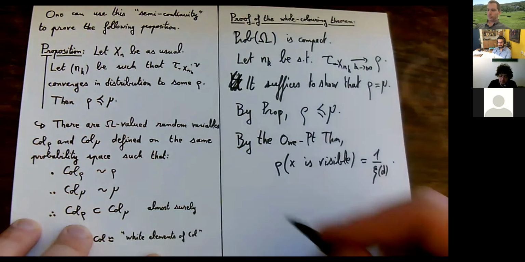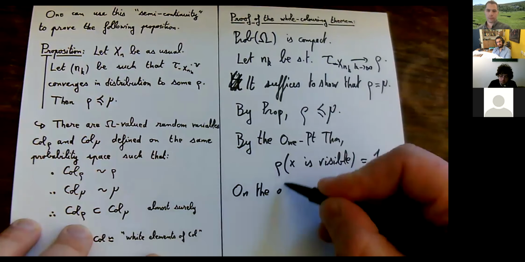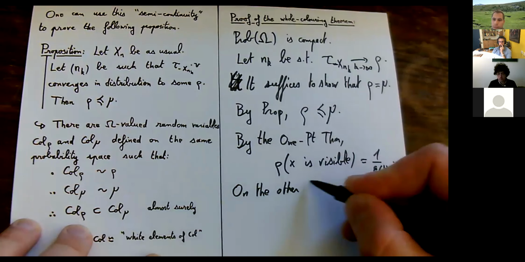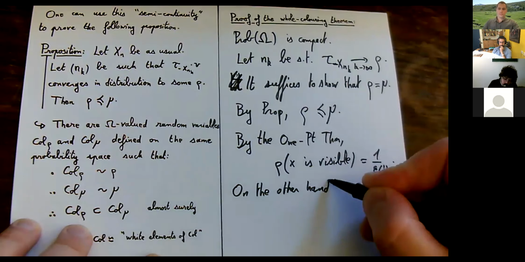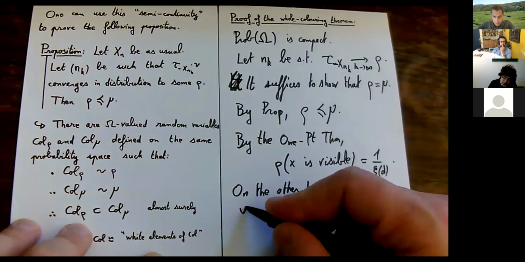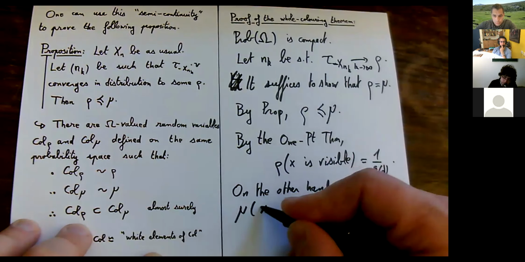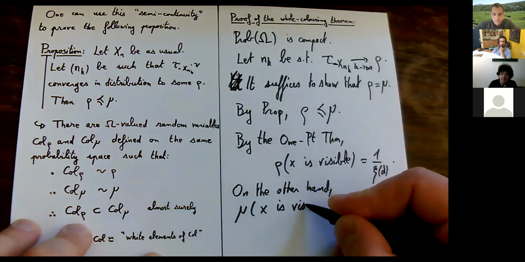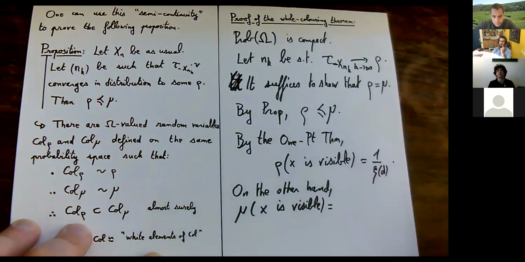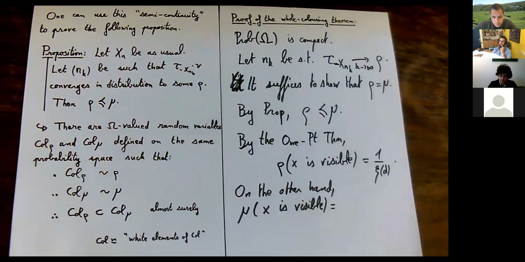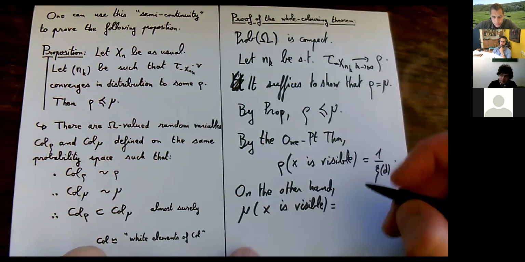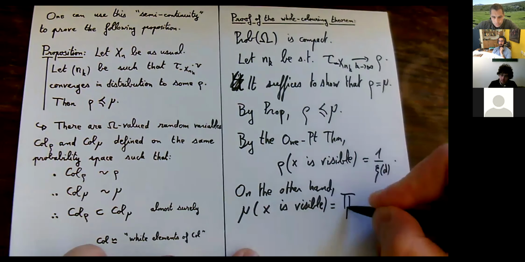On the other hand, the probability for mu that x is visible is, well, in order for it to be visible, it needs to be visible for every p simultaneously. The p layers are independent, so we take a product.